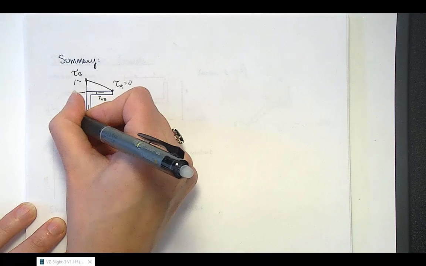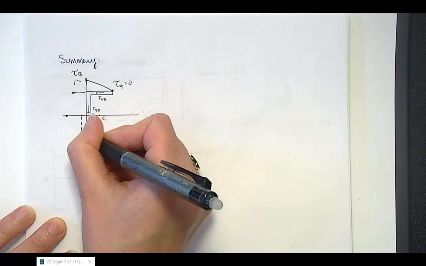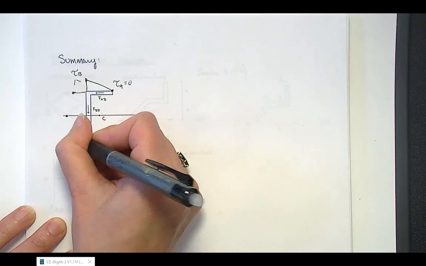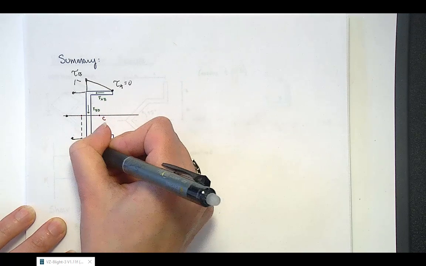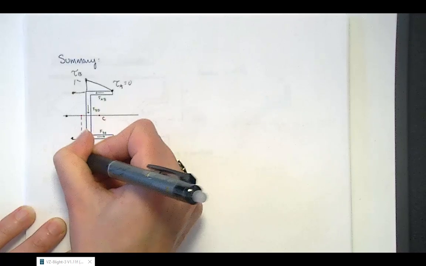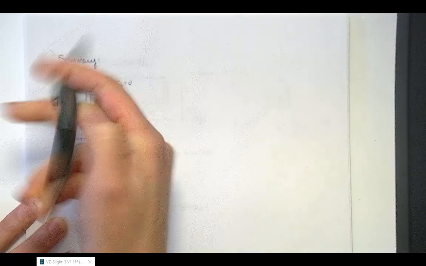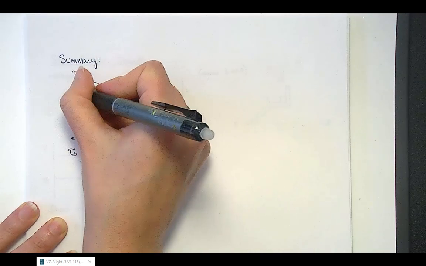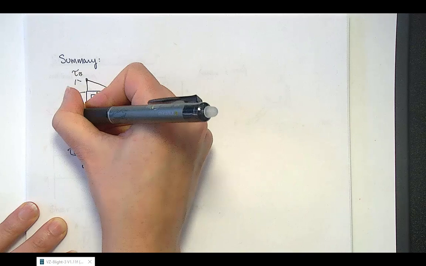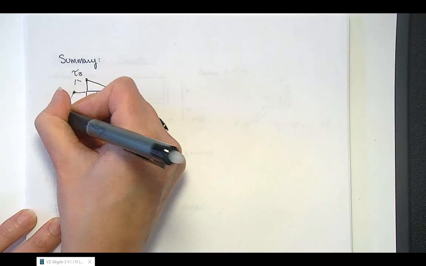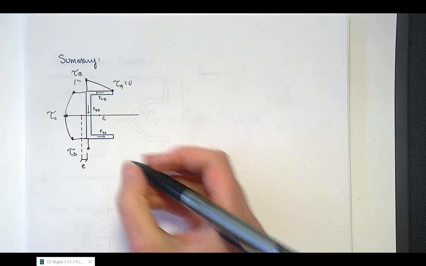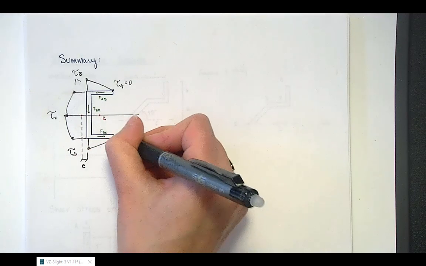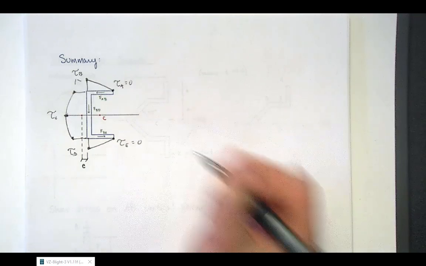At C, we have an increase, and then at D, same magnitude as at B. So we have a parabolic distribution from B to D with our maximum shear stress at C. And then at E, we have 0.